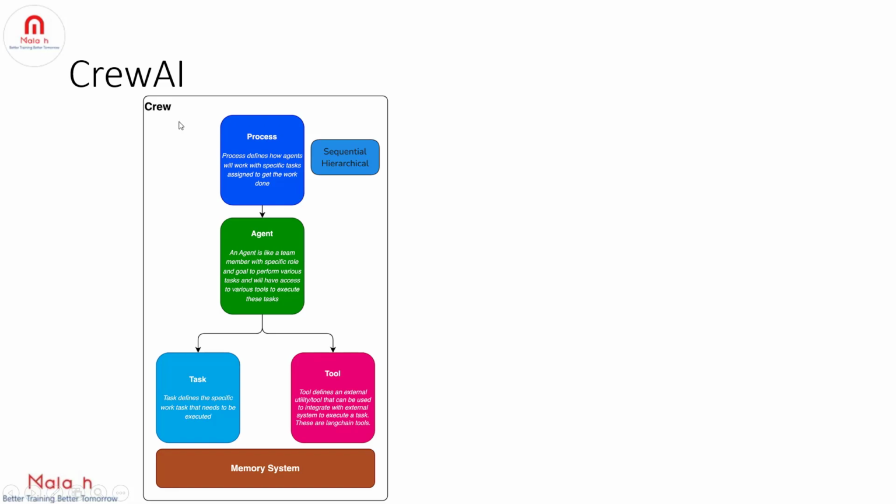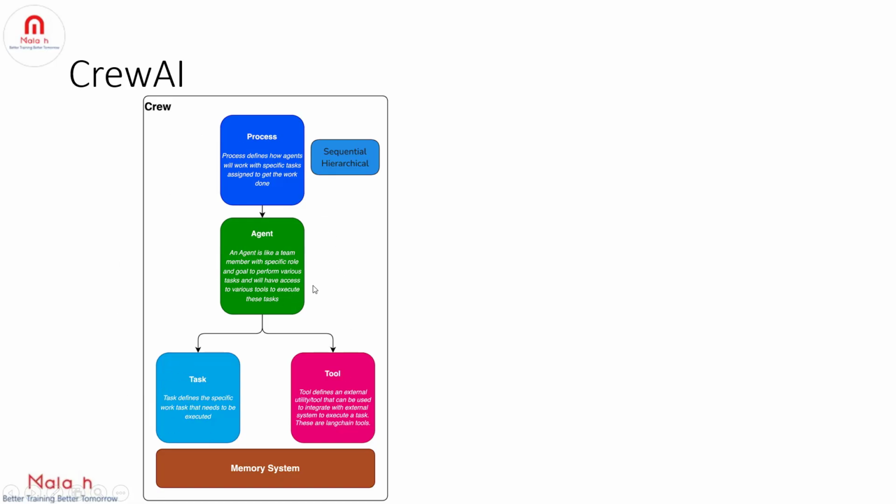And what is crew? Think of the crew as a team of agents working together to achieve a particular goal. And these agents have a clearly defined way to collaborate to achieve the set of tasks that are assigned. Crew means combining multiple agents, and each agent will be assigned to do a particular task.